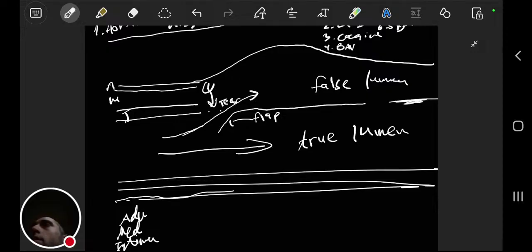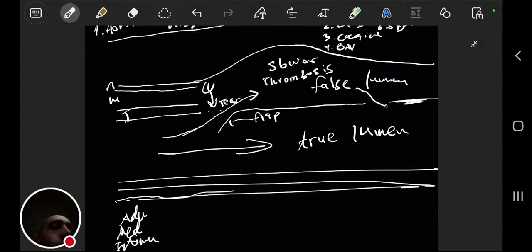Now, the blood flow in this false lumen is slower, so it has more tendency to form a thrombosis. So there may be thrombosis in the false lumen.